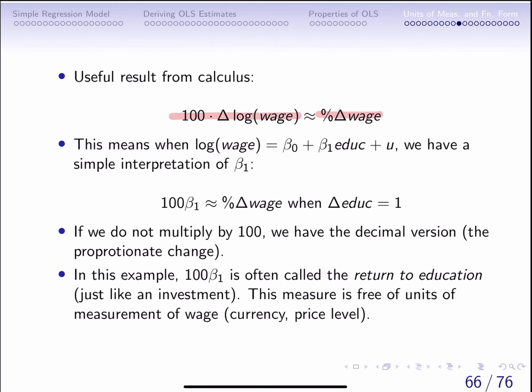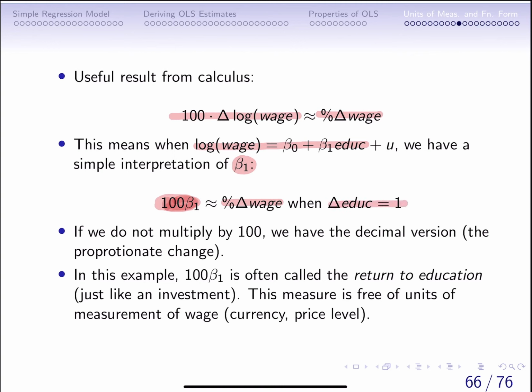And so when we write out an equation like this, we have a very nice clean interpretation of beta 1. If we multiply beta 1 with 100, we can say that this is equal to the percentage change in wages when the change in x is 1.